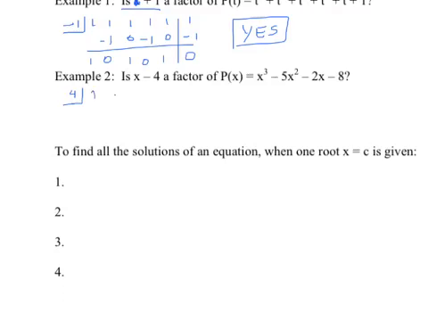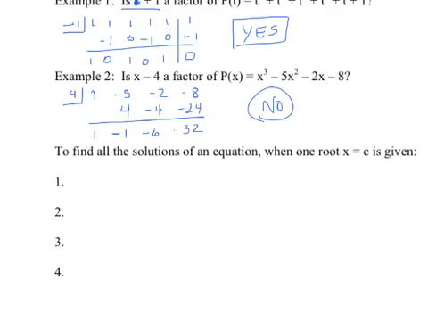Write down your coefficients. And we're going to divide. 4, negative 1, multiply, add, multiply. Well, that is not going to give me a remainder of 0, so this is not a factor.